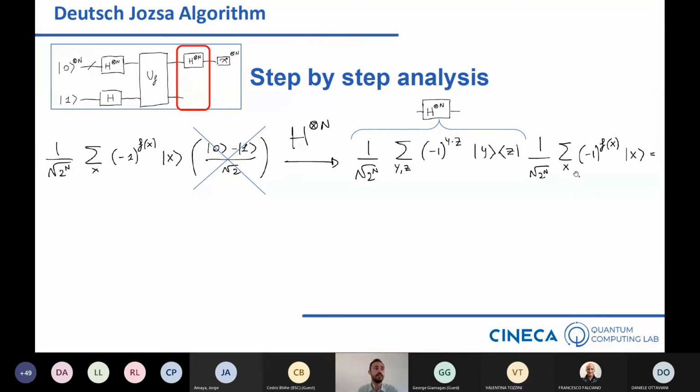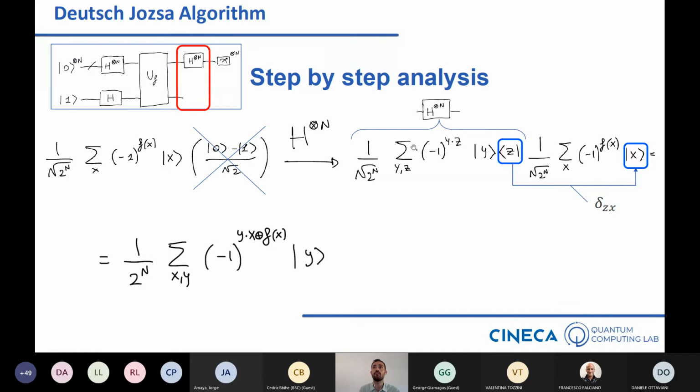When you apply H⊗n, these two together multiply as a scalar product, and you get the Kronecker delta, which means that every time you see z, it becomes x.